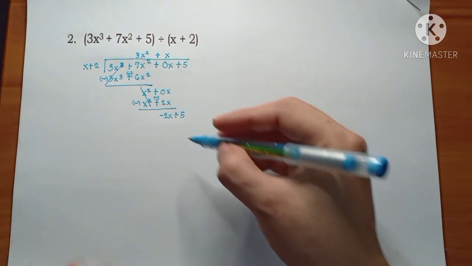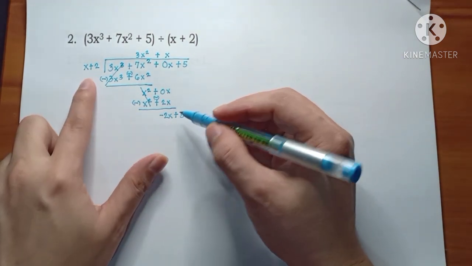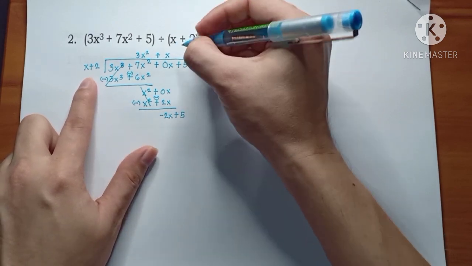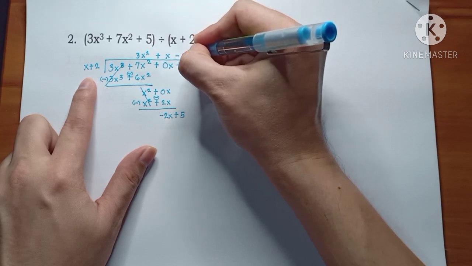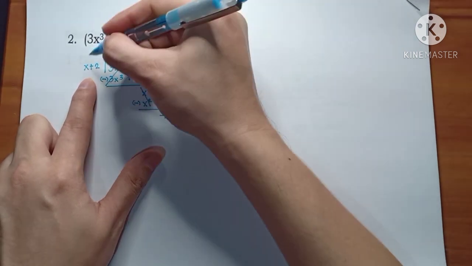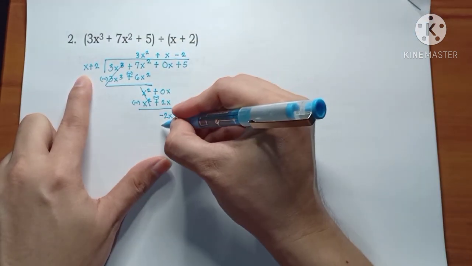Okay. So, now, negative 2x plus 5 divided by x plus 2. Pero, yung first lang. So, negative 2x divided by x is negative 2. So, negative 2. And then, saka natin ibabalik doon. So, negative 2 times x is negative 2x.